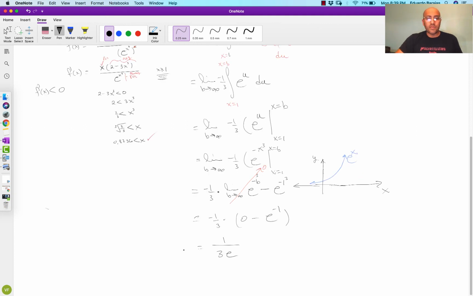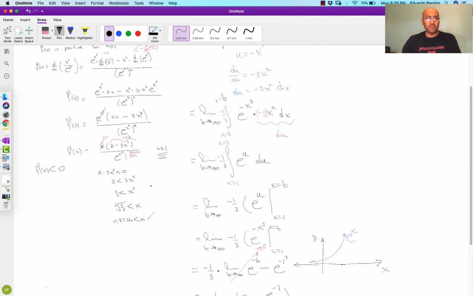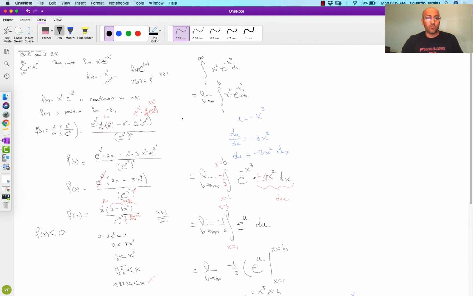Okay, so the actual value it converges to is almost not really important. It matters that it does converge. So we've established that this function back up here, after all this work, converges to 1/3e.